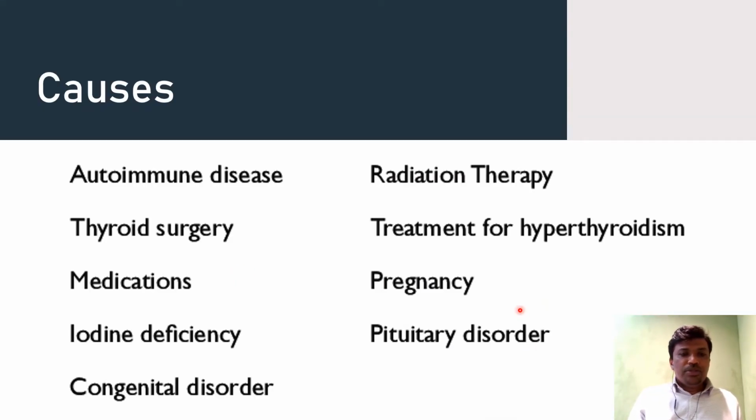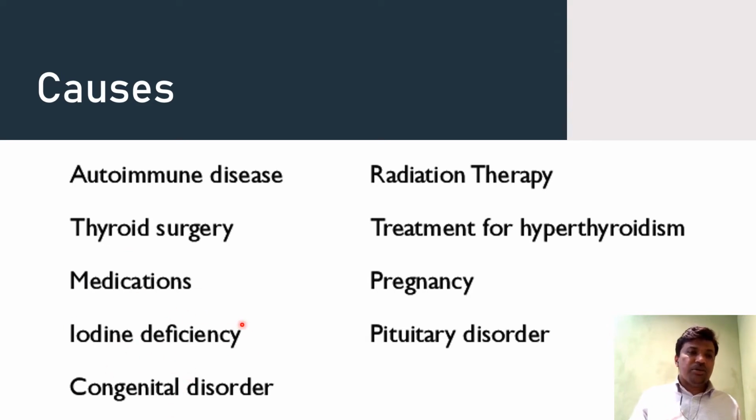Okay, so now we have seen the anatomy, the normal physiology of thyroid hormones and how they work in tandem. Let's look at some of the common causes of hypothyroidism. Depending on the part of the world where you live, the cause of hypothyroidism varies quite a bit. In iodine deficient countries, iodine deficiency is one of the commonest causes.